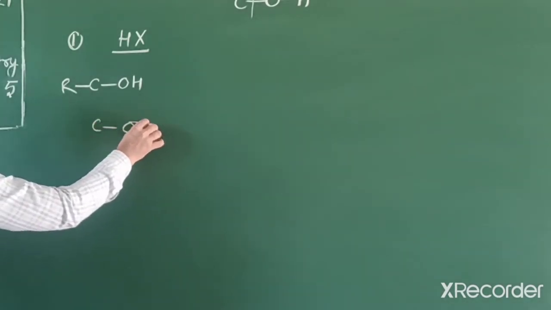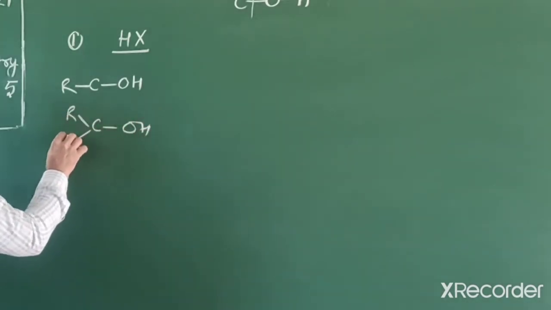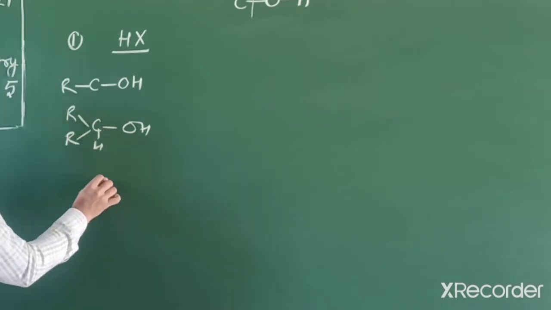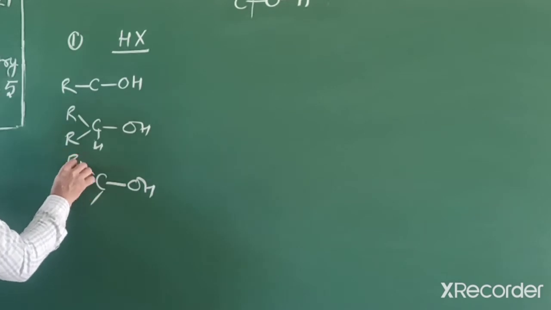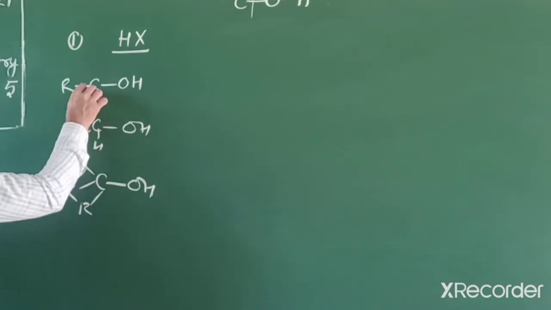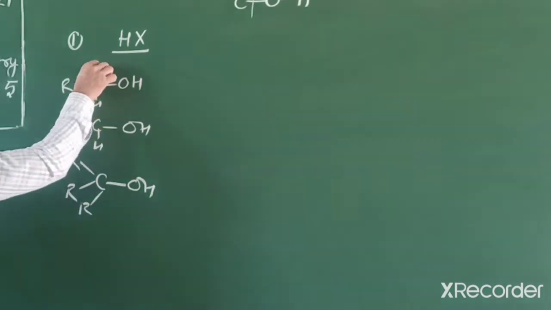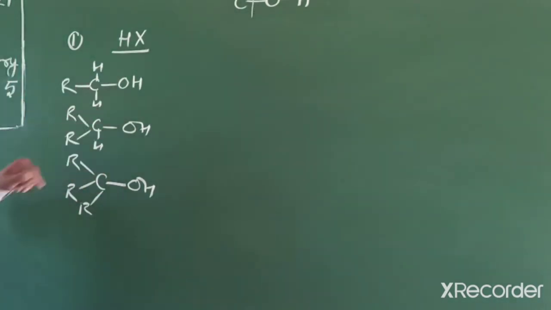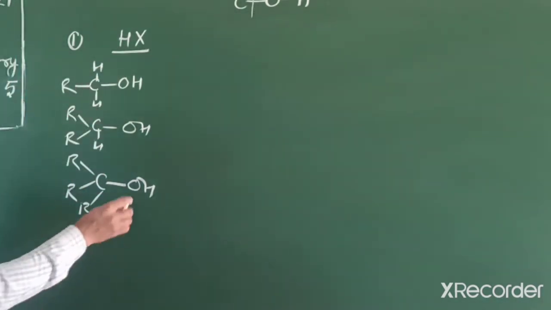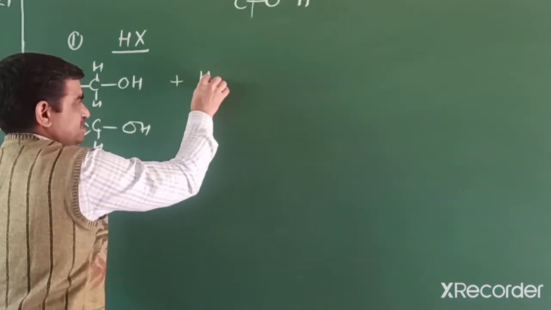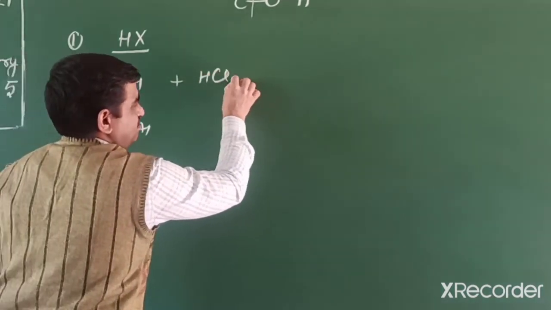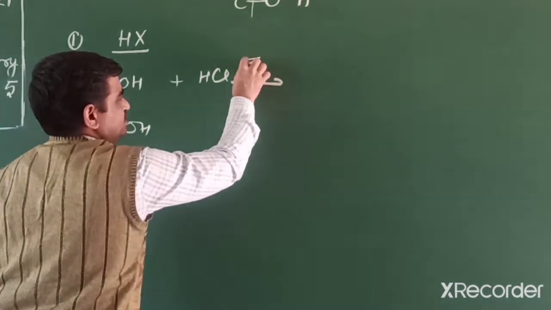secondary alcohol, then we get the product at slightly different times: primary, secondary and tertiary, 3 different alcohols, and when they react with HCl, generally we take HCl in the presence of zinc chloride.